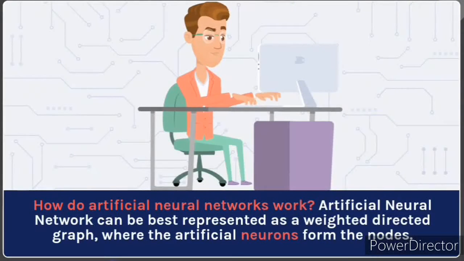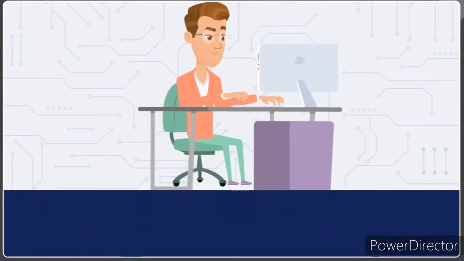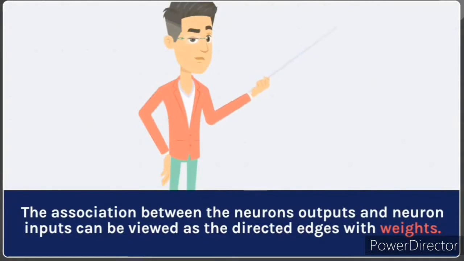How do artificial neural networks work? Artificial neural network can be best represented as a weighted directed graph, where the artificial neurons form the nodes. The association between the neuron's outputs and neuron inputs can be viewed as the directed edges with weights.